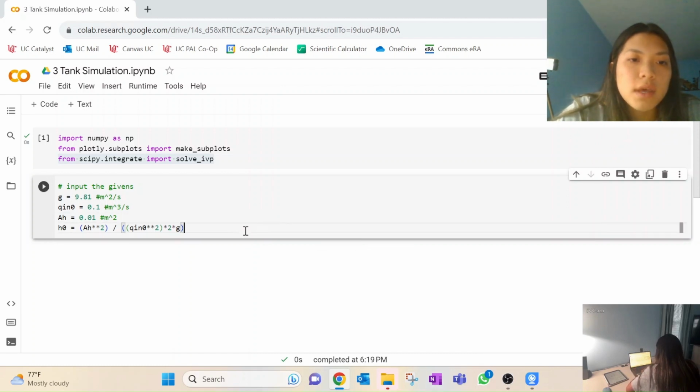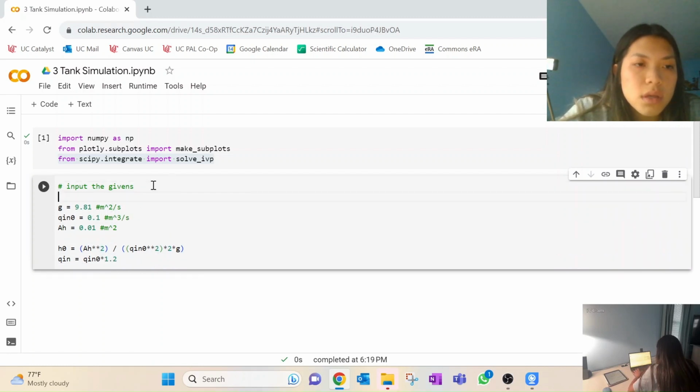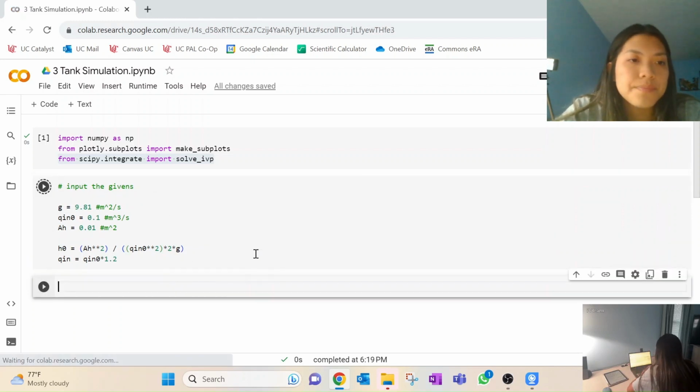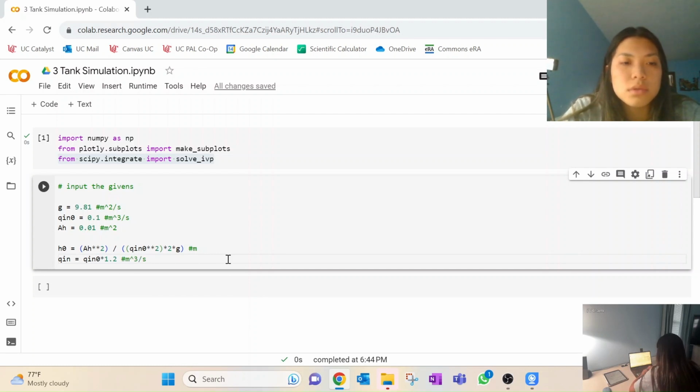We do have that the flow in is increased by 20%, so we're going to multiply that by 1.2. So the tops are our givens, and these are our calculated givens technically. Just to keep units, that's going to be meters, and that's going to be meters cubed per second.